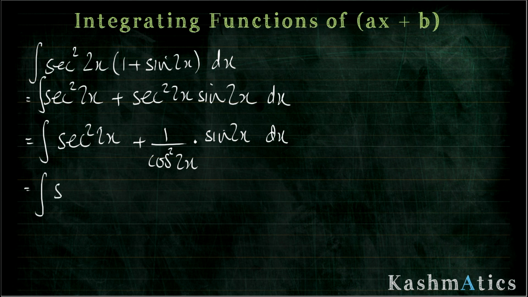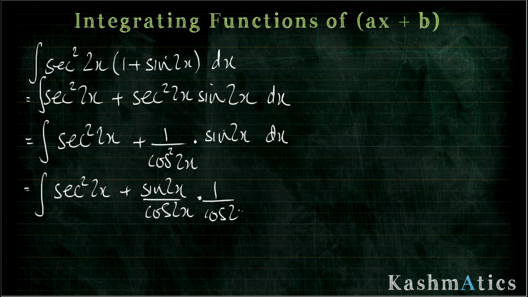So this is sec squared 2x plus, now I'm going to split this up slightly. Look, sine 2x, I'm going to write it as sine 2x over cos 2x times by 1 over cos 2x dx. Now the reason why I've done that is because hopefully you'll recognize something here.